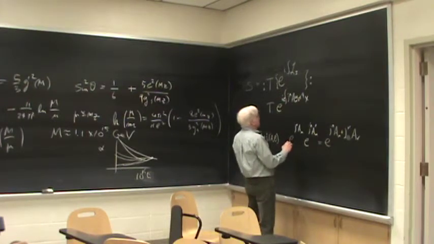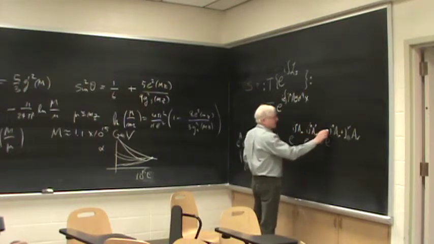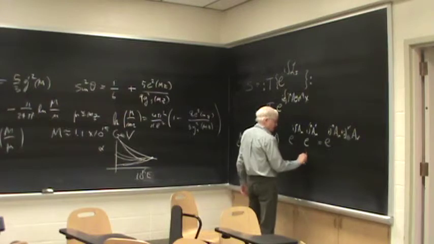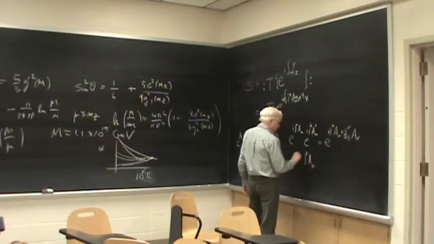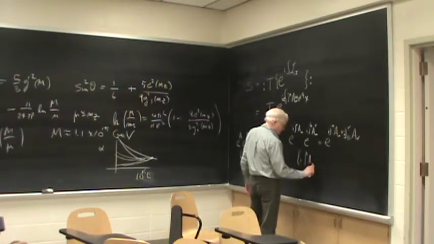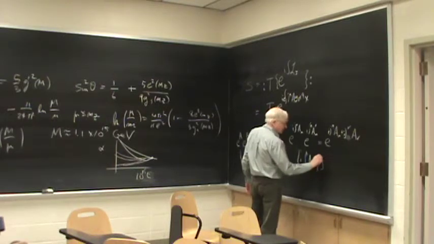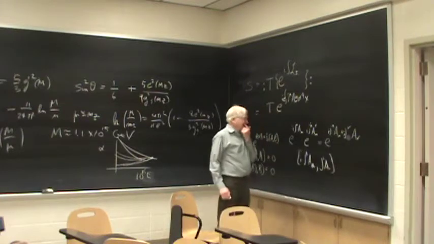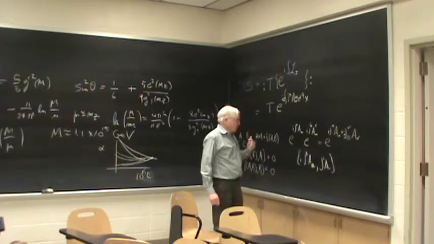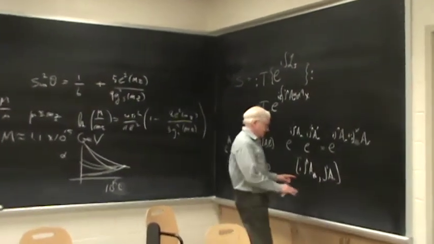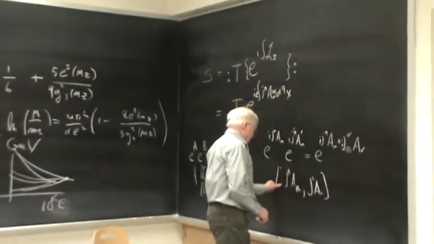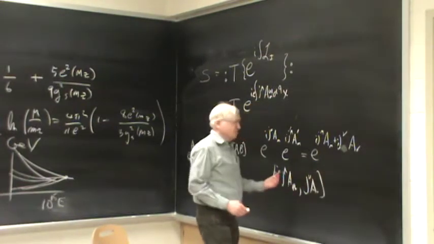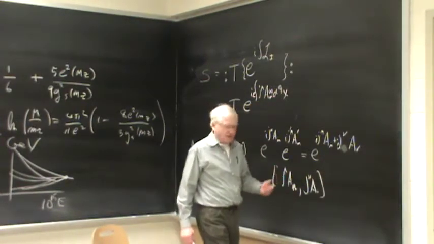First of all, there are i's in both places, and it's then the commutator of j mu a mu with j nu a nu. Let me factor out the i's, because two i's just give you a real number, minus 1.